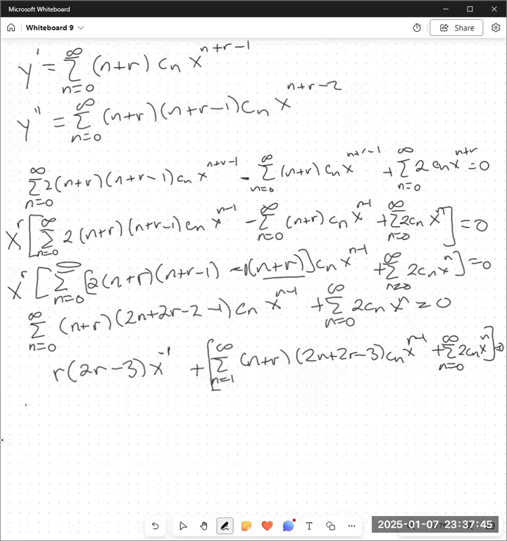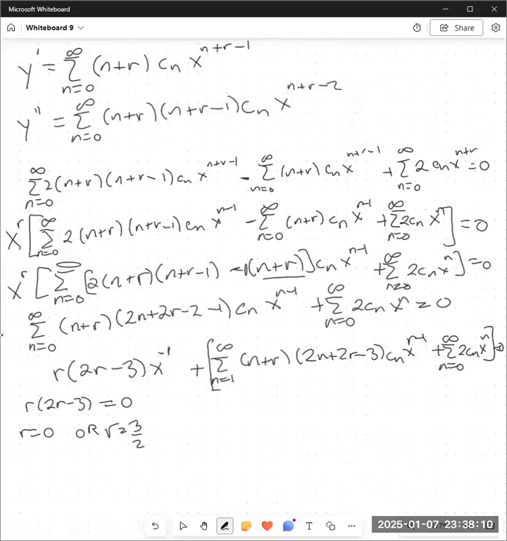I'm going to want r times 2r minus 3 to be equal to 0, meaning r is equal to 0, or r is equal to 3/2. Hang on to those. We're going to use those in a little bit to give us the r values here, and we're going to have two cases that are going to give us two different equations. Those r's are going to play a role in this.